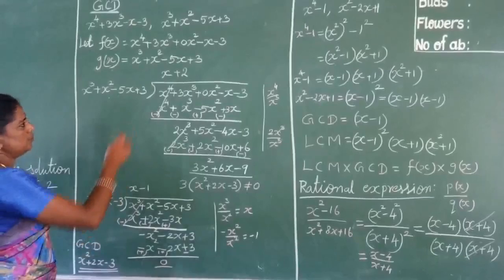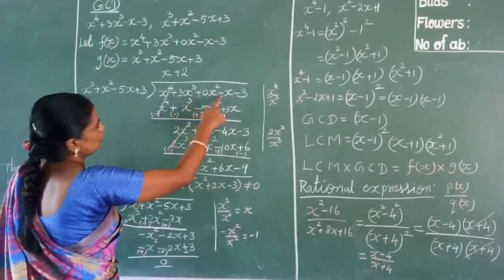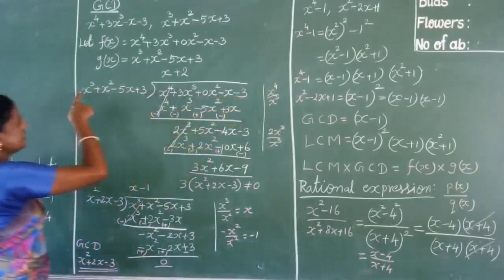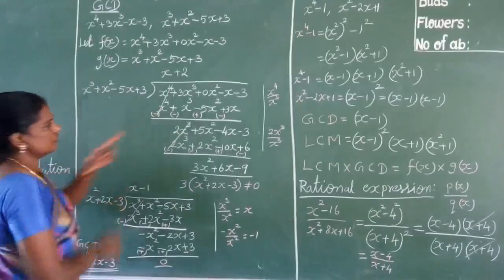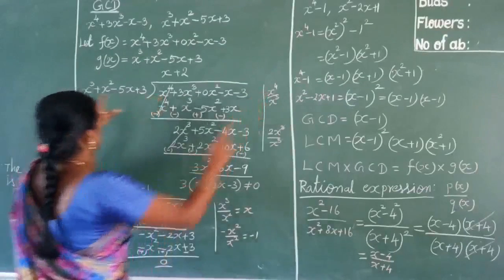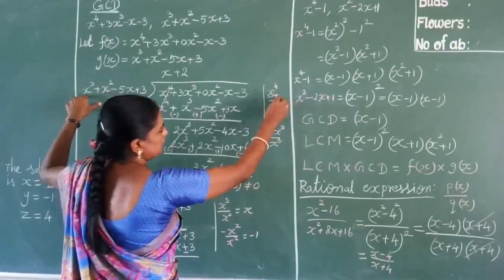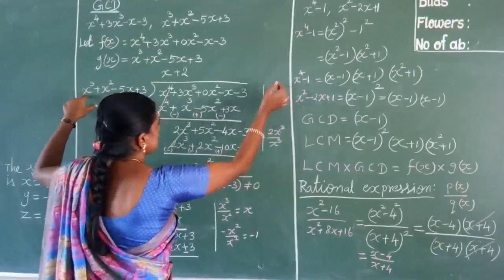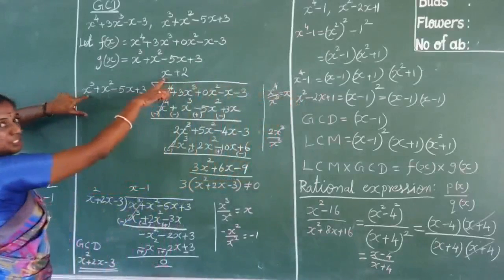So now we check it. Here f of x is x power 4 plus 3x cube plus 0x square minus x minus 3. G of x is x cube plus x square minus 5x plus 3. So the first term x power 4 divided by the first term x cube, x power 4 cancels, what we get? x. So that is the quotient.